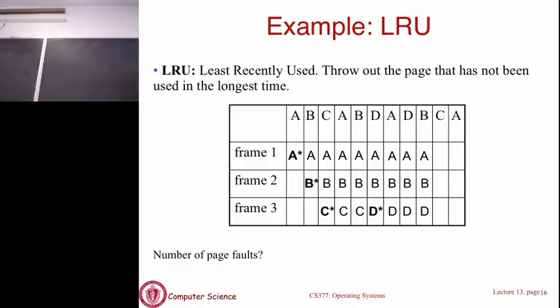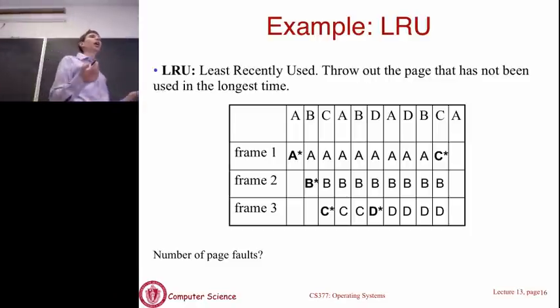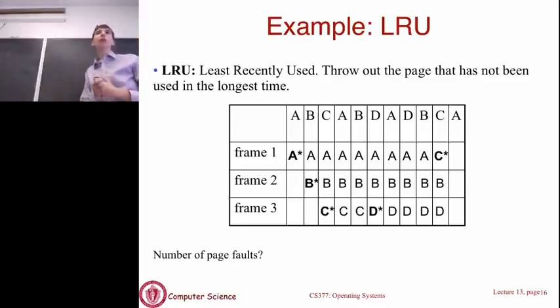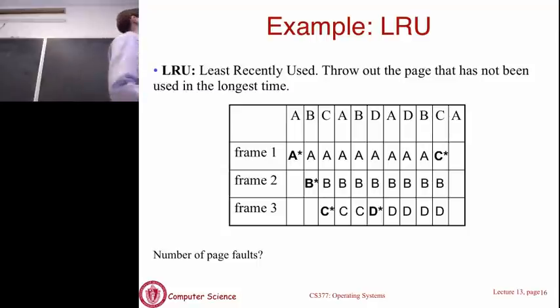So we're going to throw out A. Now here we see that that was actually a bad guess, right? So this is showing that in general we're expecting LRU to be a good approximation of min, but it's still just an approximation. We can make bad guesses. So in this case, that was a bad guess, because the very next page we access is A, which we just threw out. So we're going to incur another page fault to load A back in.